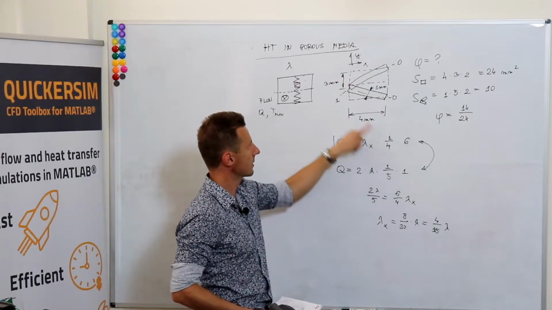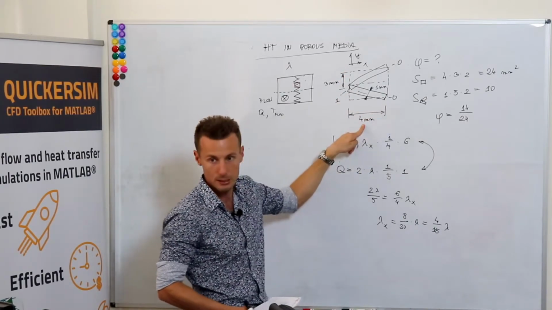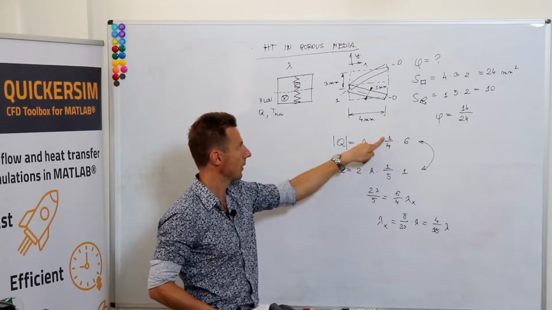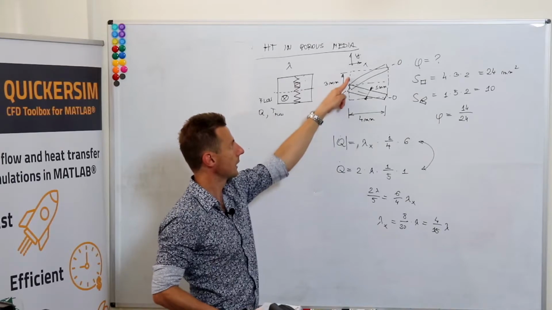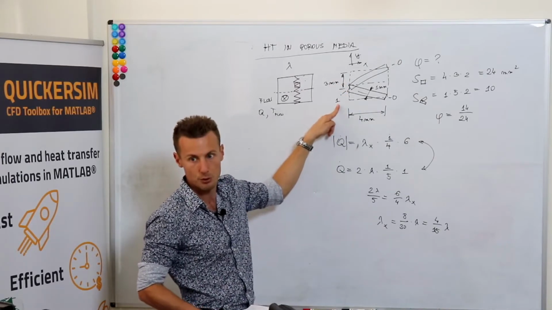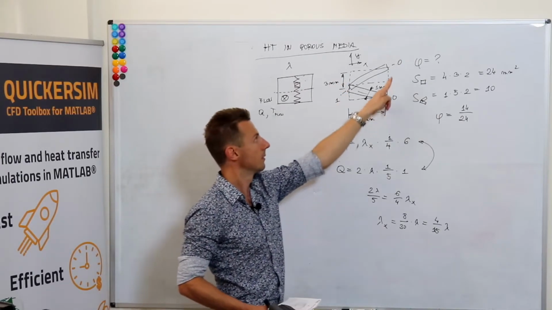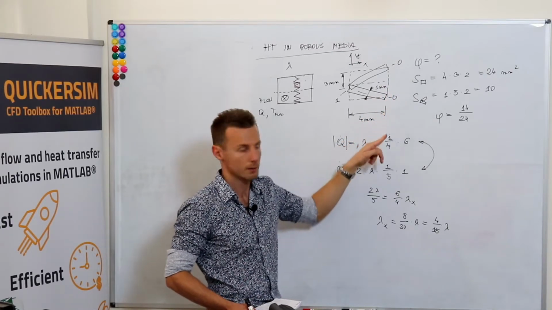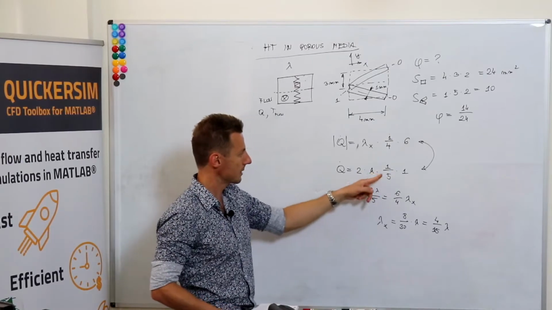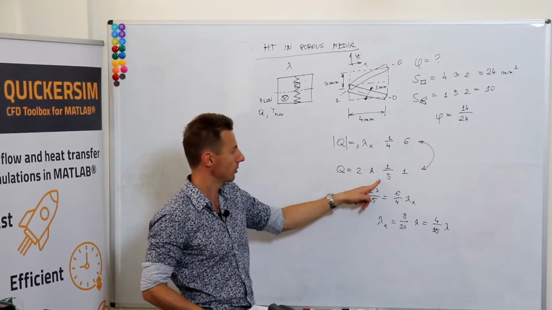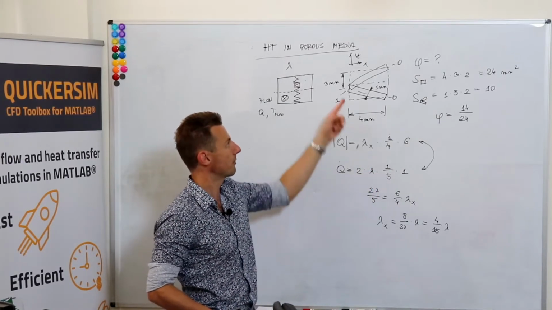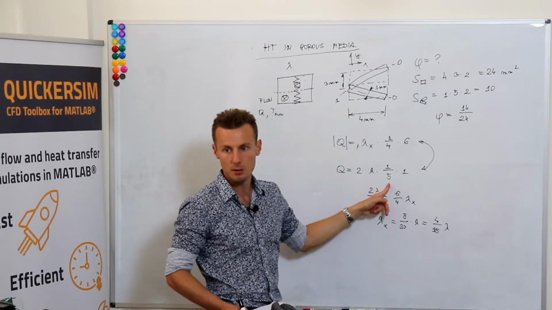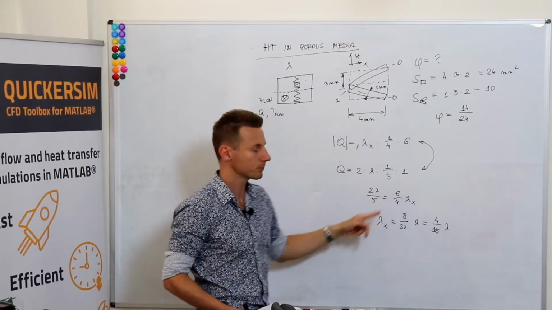So the distance between this boundary and this boundary is 4. And this 1 comes from the fact that you're keeping this boundary at the temperature of 1 and the other boundary at temperature 0. Okay? In this case, it's exactly the same, but the path for transporting the heat is longer, so it's got 5 millimeters.